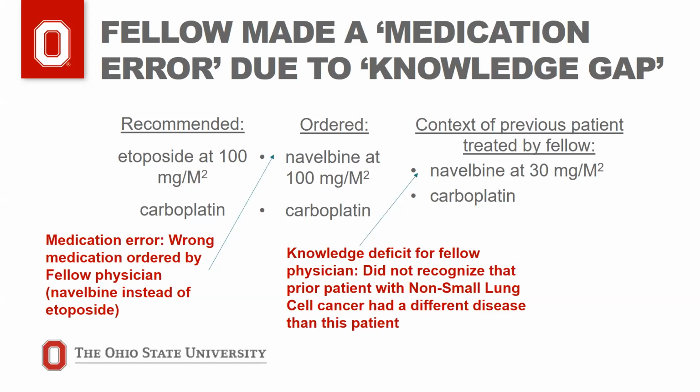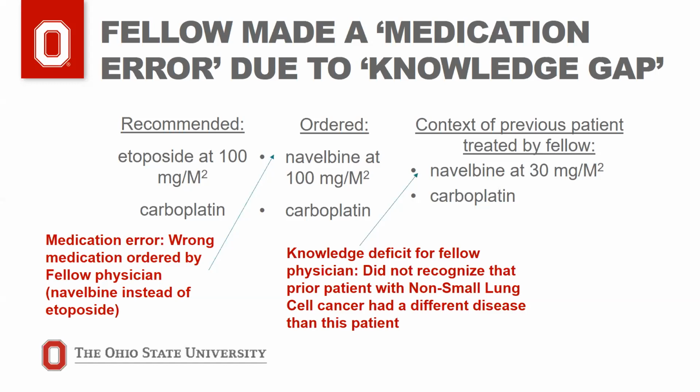And so what happened is the fellow physician, when talking with his attending, said, I think we should treat this patient the same as last week, in that it's Navelbine at 100 milligrams with carboplatin to accelerate the impact of it. And the attending physician on the phone said, no, it's not non-small cell lung cancer.